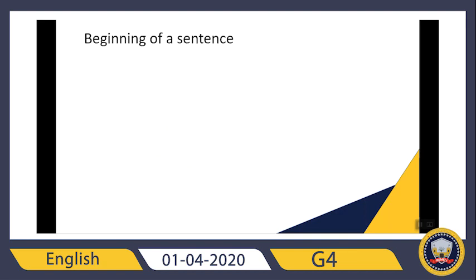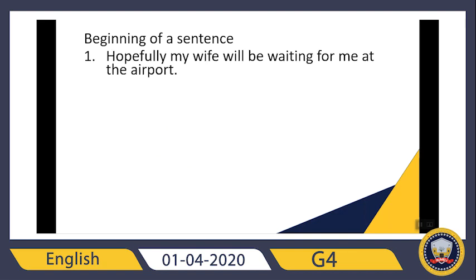So let's take a look at these examples. Beginning of a sentence. Hopefully, my wife will be waiting for me at the airport. So hopefully stands as the adverb because it is showing the manner of the husband, the opinion, how the husband is feeling about his wife.